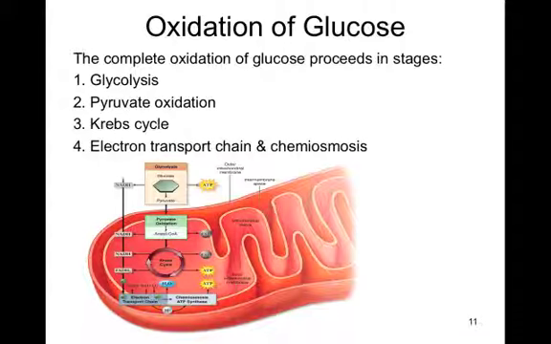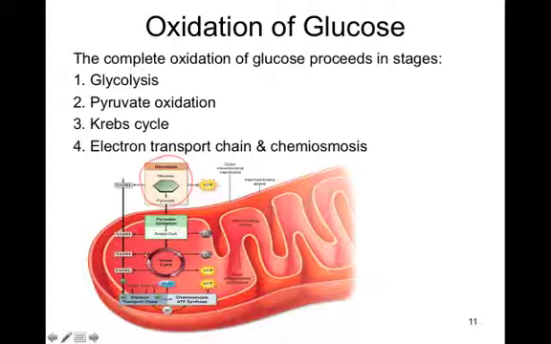Before we begin, let's orient ourselves, give us some perspective of where these things happen. Glycolysis occurs out in the cytoplasm of the cell, outside of the mitochondria. When we get into pyruvate oxidation, it happens in the mitochondrial matrix. The mitochondrial matrix is the very inside of the mitochondria.